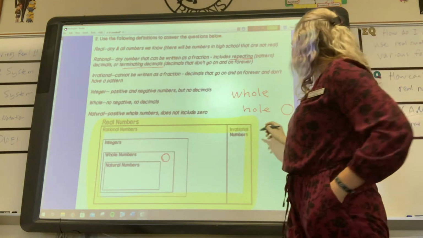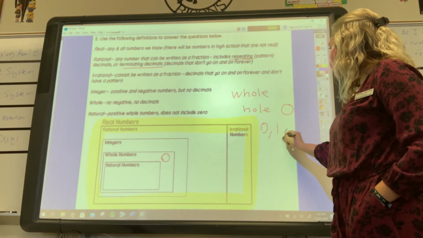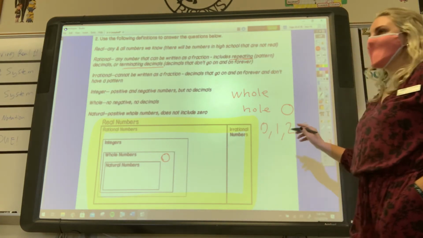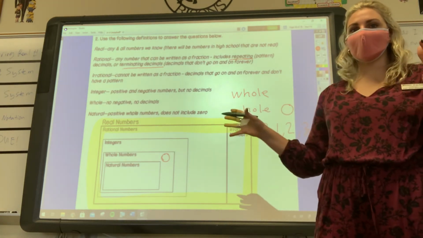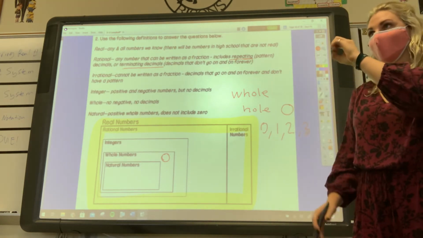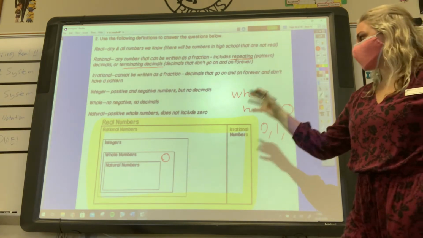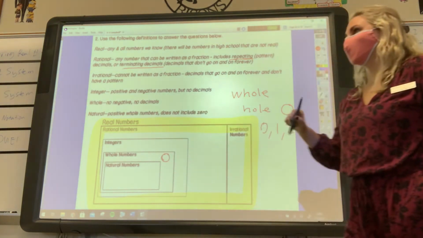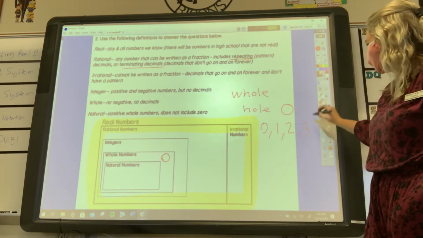So meaning it would be 0, 1, 2, 3, on and on forever. So no decimals, no negatives. And since 0 is neither positive or negative, that is where we start with our whole numbers. Okay, thank you so much.